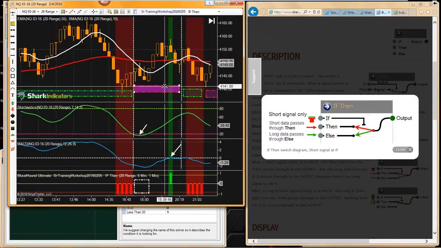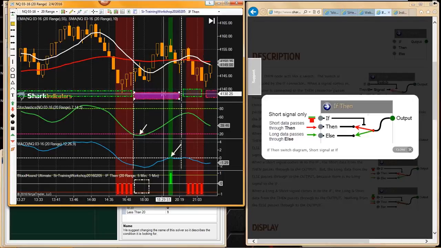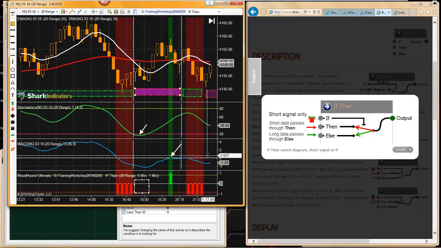There we go. So for this area on the chart here, this is how the if-then node is, and this is how the switches are set up, right? So we have a short signal coming into the if connector, for these bars right here. So long signals from the else node are passing through to the output.